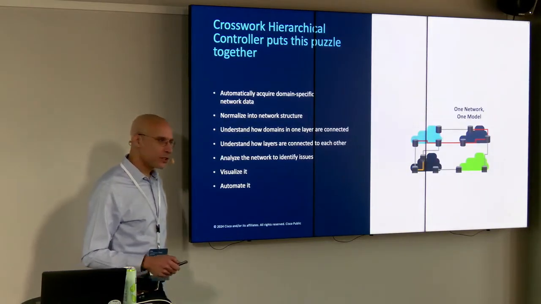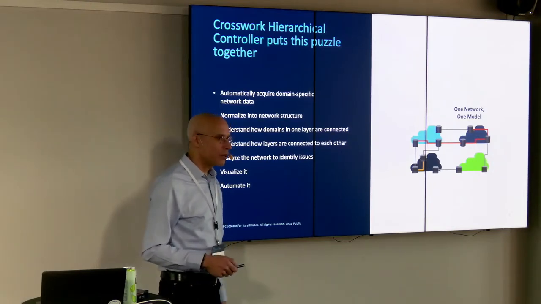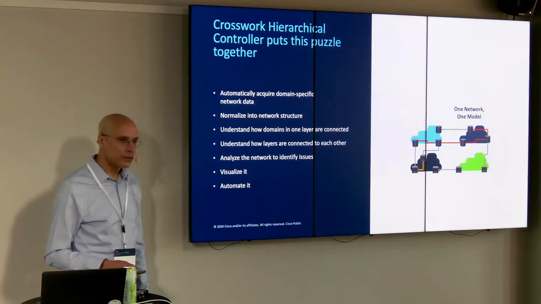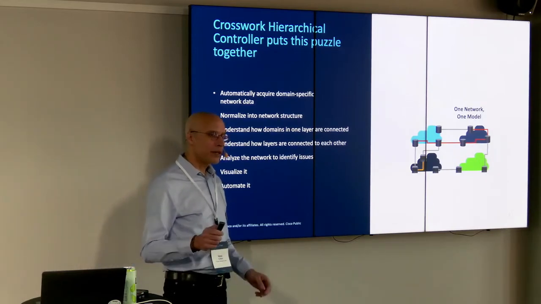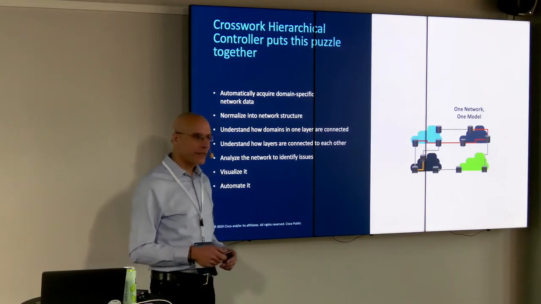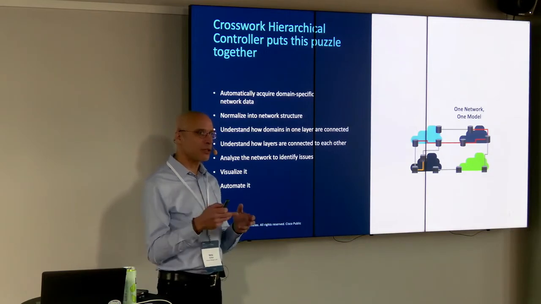That's where HCO comes in, and it started like 7-8 years ago in a small startup called Sedona, with 20 people and a great idea. Why can't we automatically discover the points between the IP network and the optical network?